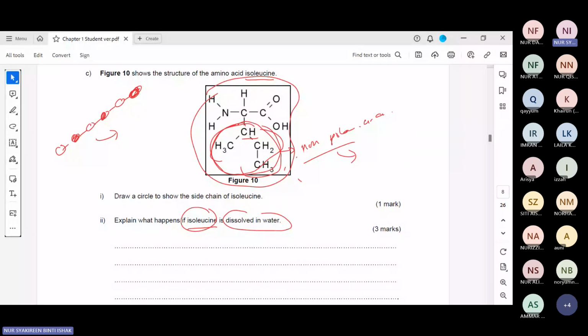When we study chapter 3 later, we will learn that in the plasma membrane we have the phospholipid bilayer, right? Apart from the phospholipid bilayer, embedded in between you have proteins, for example proteins that function as transport proteins, which allow molecules to pass through.